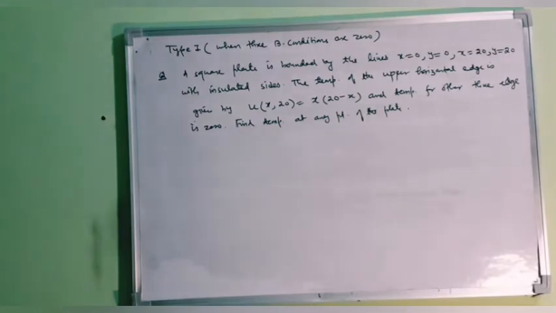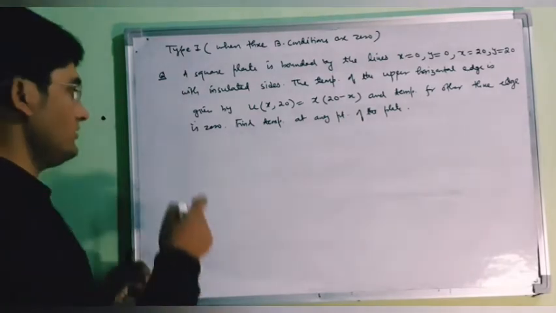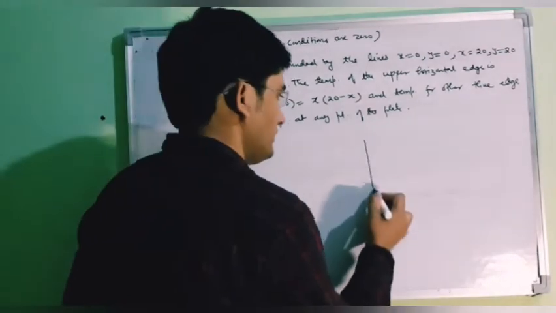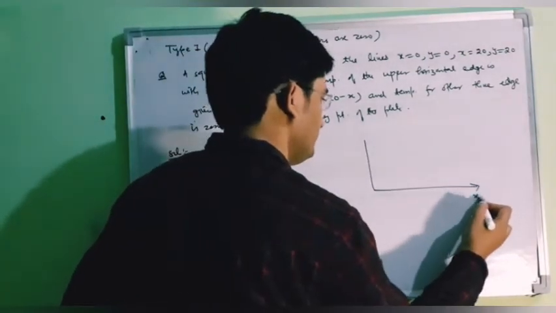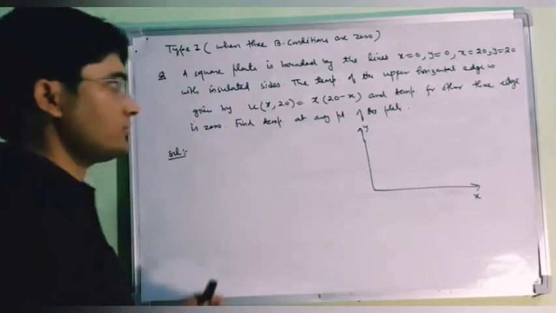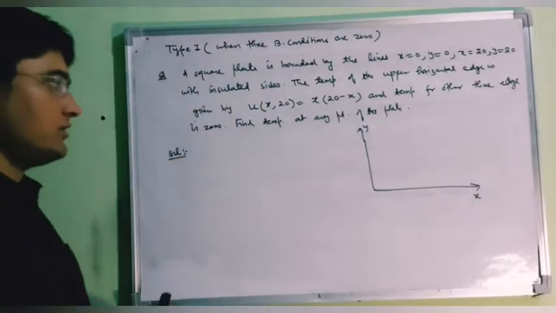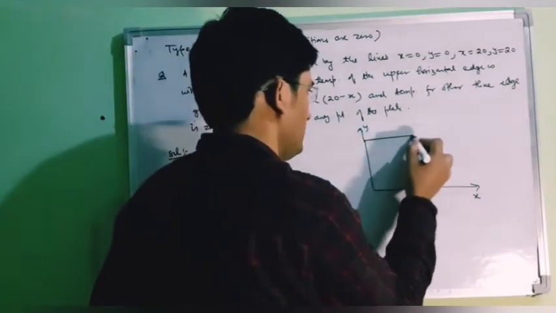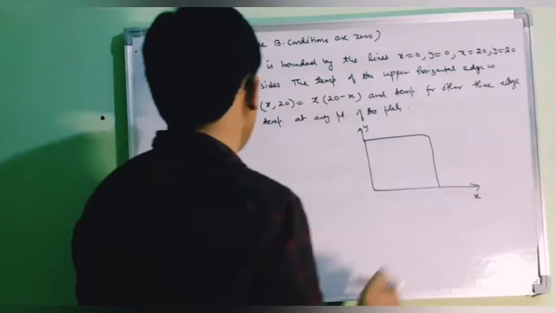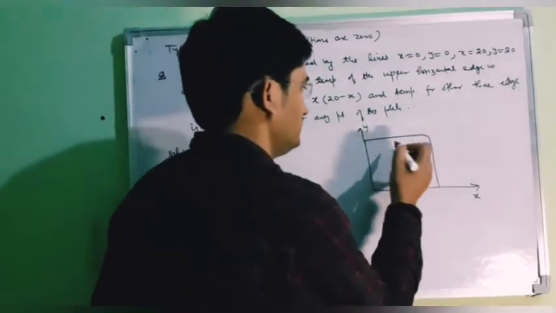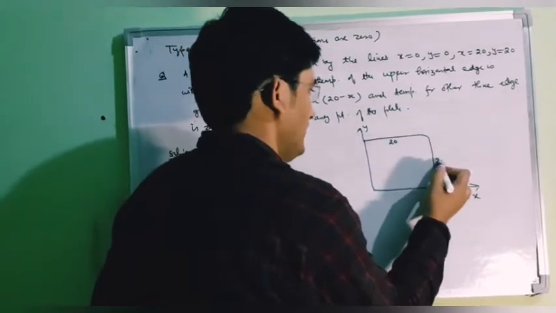So solution, here you can see that, say this is your x-axis and that is your y-axis, and we have to find out the temperature at any point, say inside of the rectangle, this square plate. So here you can see that the length of your plate is 20.